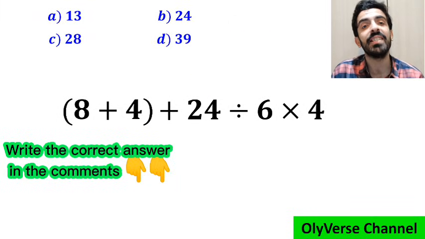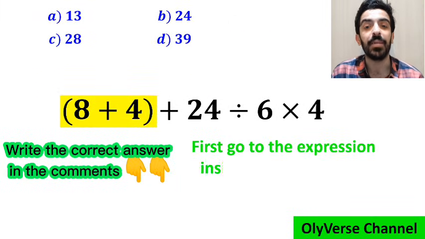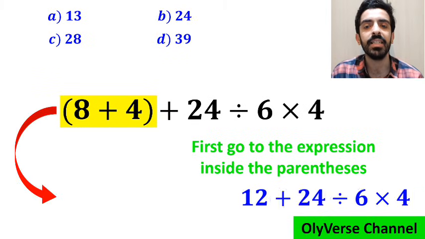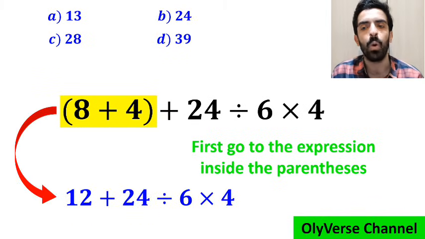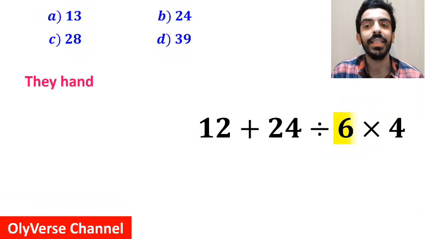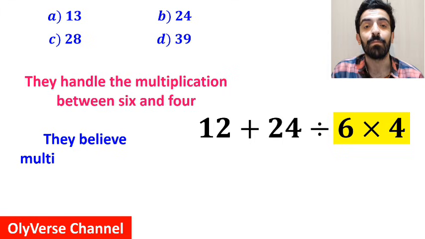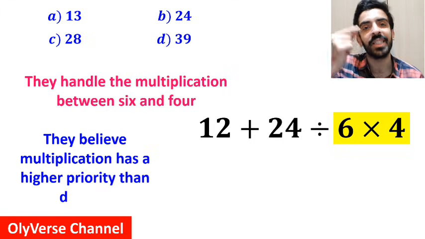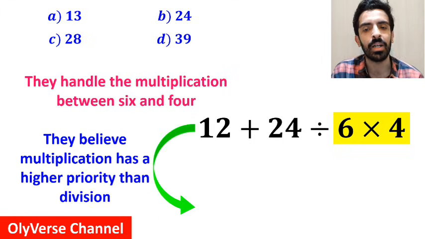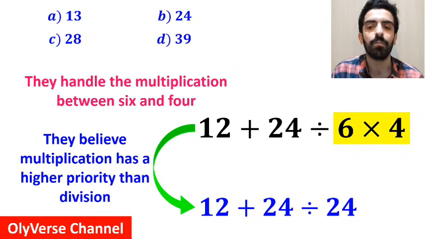Also, some other people, when solving this question, first go to the expression inside the parentheses and write this expression as 12 plus 24 divided by 6 multiplied by 4. In the next step, first they handle the multiplication between 6 and 4 because they believe multiplication has a higher priority than division. So, they rewrite this expression as 12 plus 24 divided by 24.